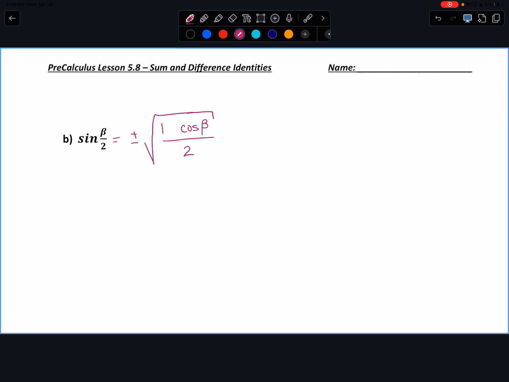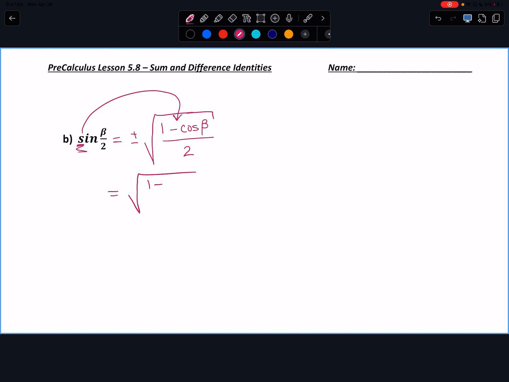And it's going to be a plus. So if it's sine, we subtract, okay? And then if you start in the third quadrant, end in the second quadrant, and you're finding the sine, sine is positive in the second quadrant. So I know this is going to be positive square root of 1 minus. Look back. What's the cosine of beta?